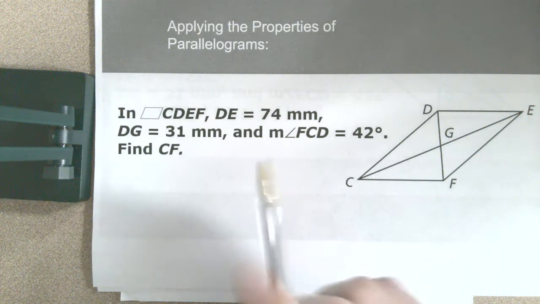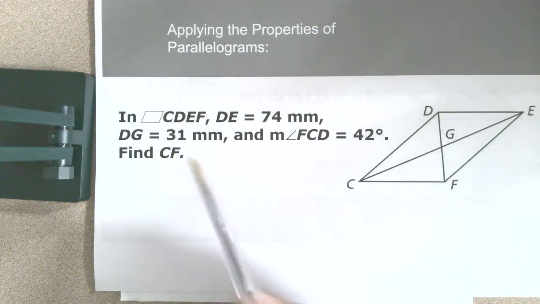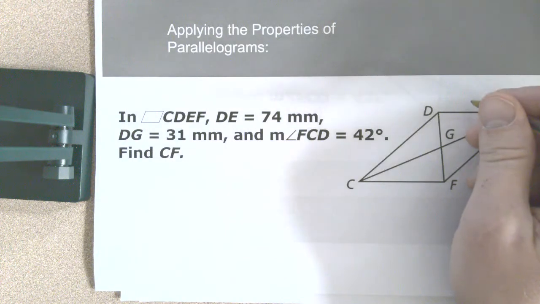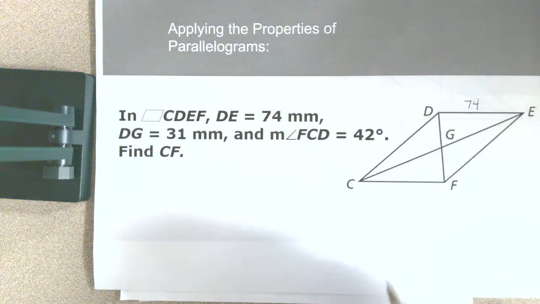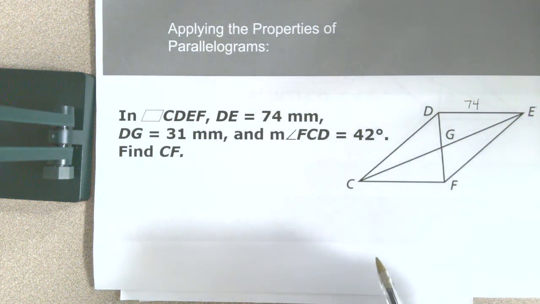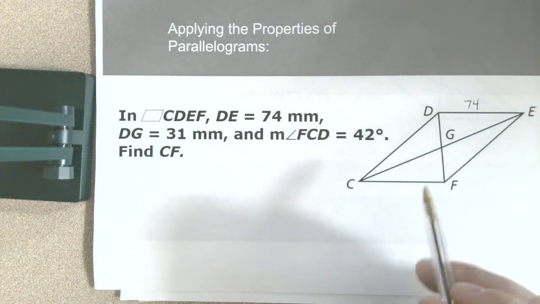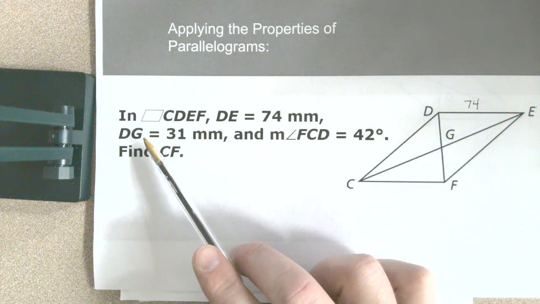So here's what it says. It says in parallelogram CDEF, DE is 74. So again, I'm just going to fill in this information. You may want to go ahead and draw the picture here. And as I said, we're going to use the same picture for the next few problems, so you won't have to redraw it.